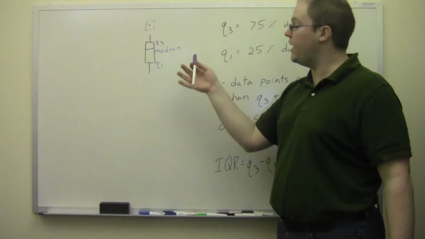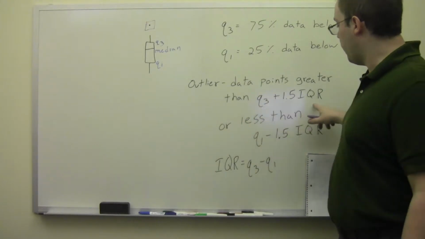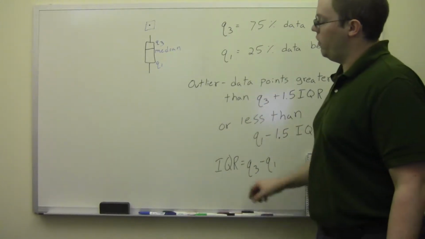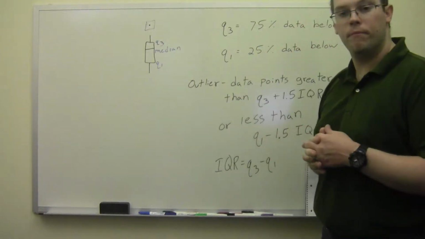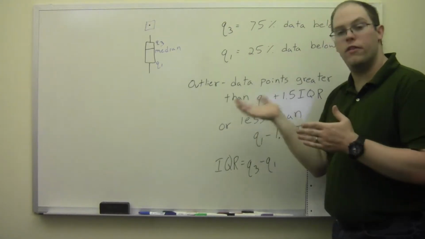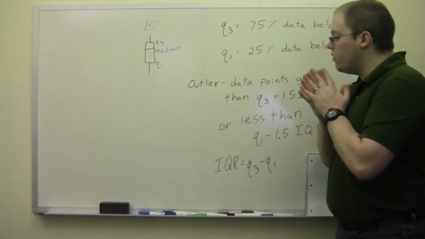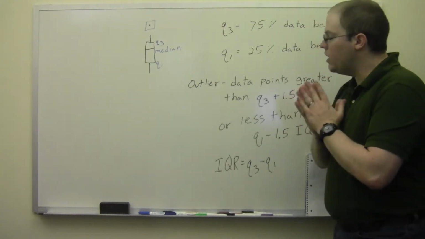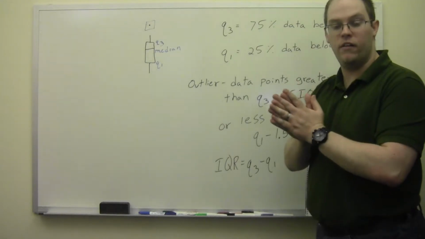It was calculated by R as being more than Q3 plus 1.5 interquartile ranges beyond this point. This is the most common definition that we see of an outlier. There are others as well.